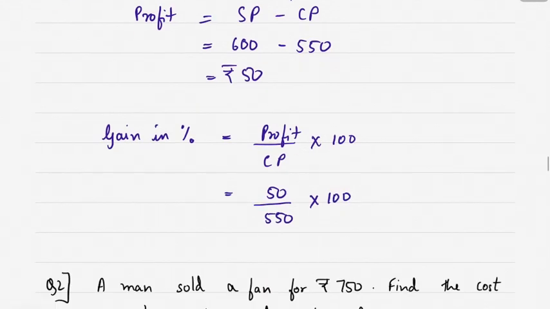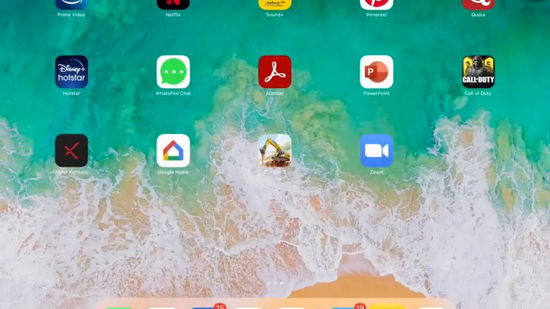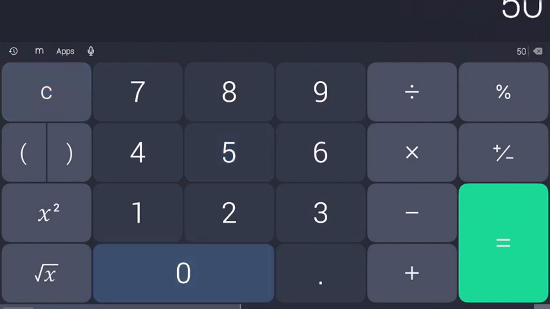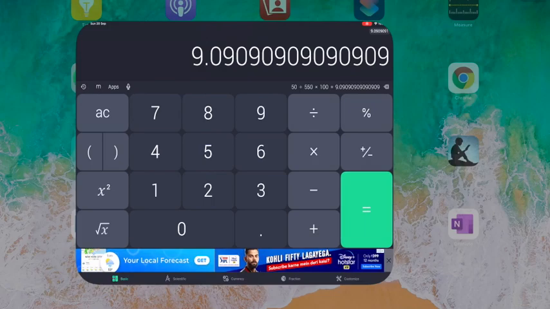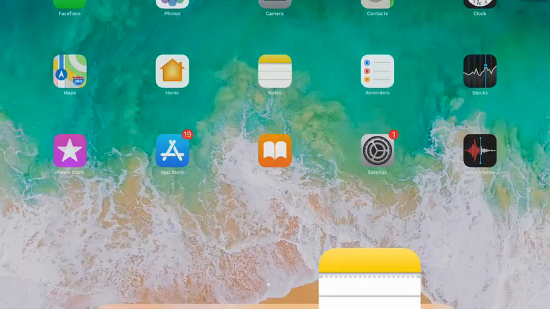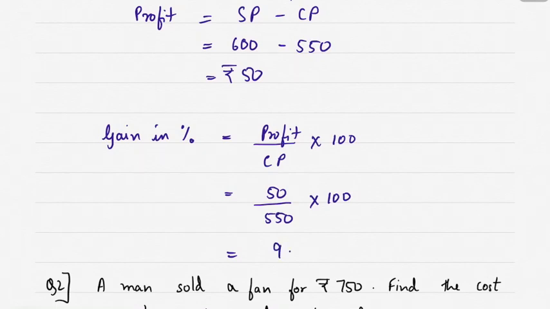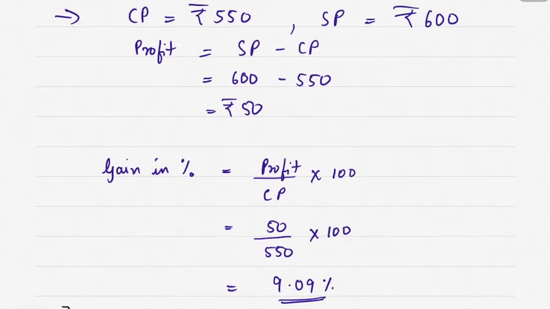Please calculate this. 50 divided by 550 into 100. It comes to 9.09%. Very simple. You have already studied this in school.